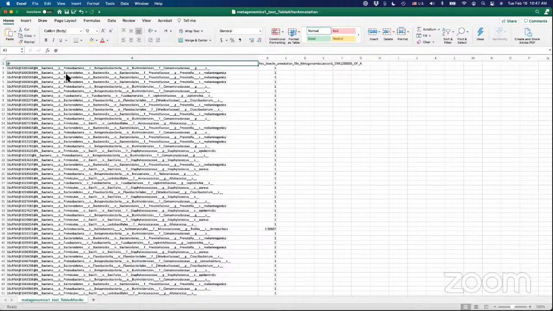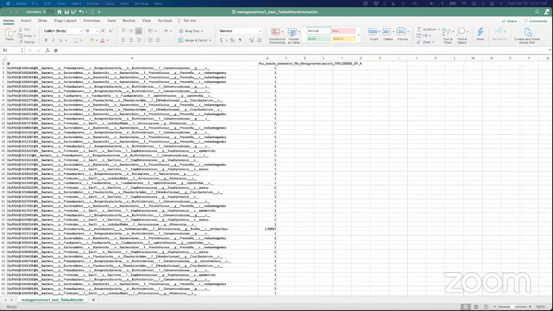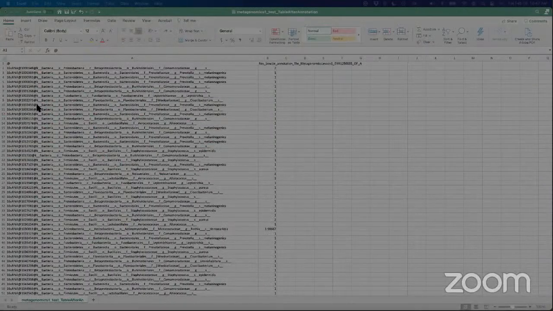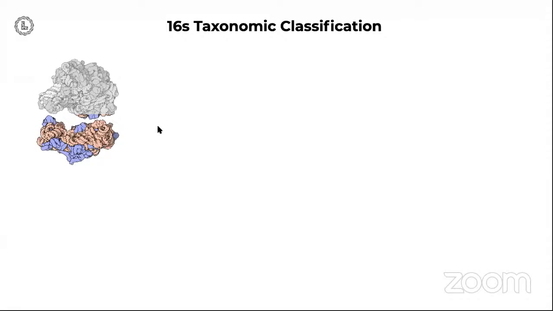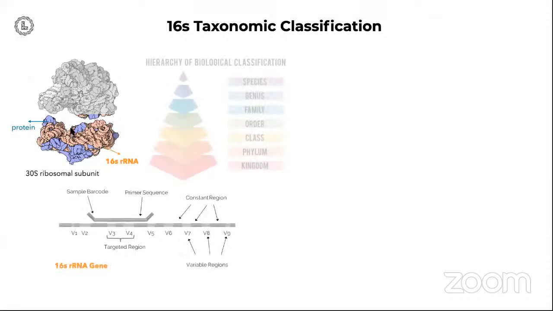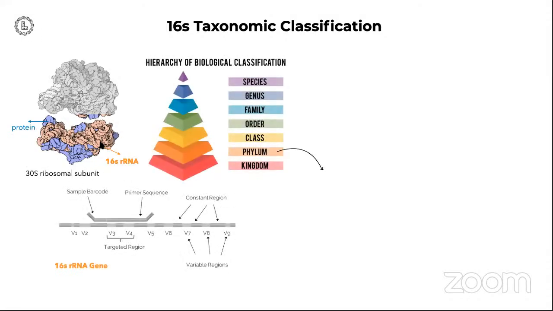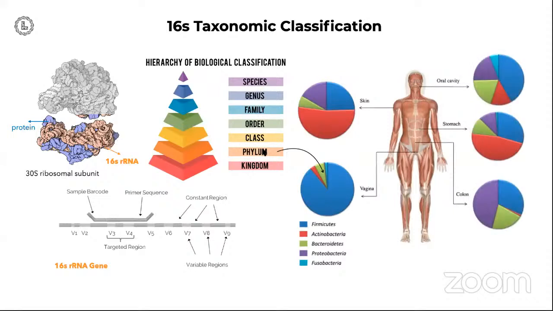Based on these taxonomic levels, we can now organize how we took 16S ribosomal RNA sequences, and we can classify them by species, genus, family, order, class, phylum, or kingdom.